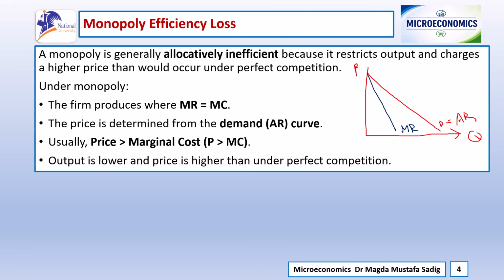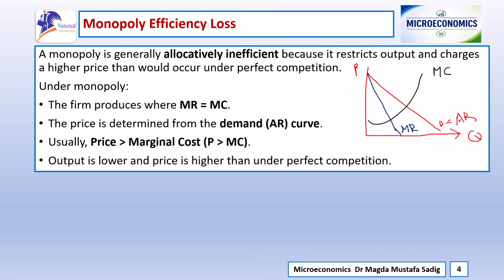Let us do it up to here. And then let us take another color. Let me select yellow, but the yellow is not so clear. Let me take another one, for example, the black one. So this is the marginal cost curve.